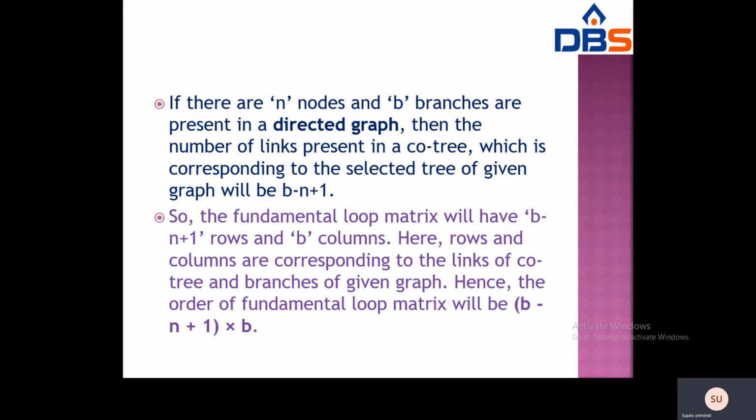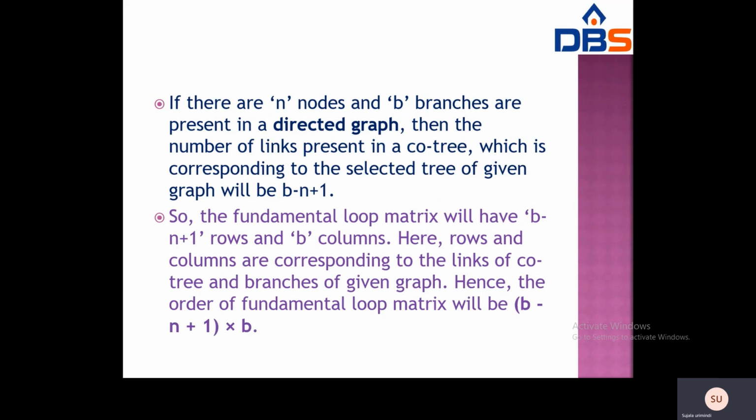So if there are n nodes and B branches in a directed graph, then the number of links in a cotree corresponding to the selected tree will be B minus n plus 1. With branches 5 and nodes 4, plus 1, it gives 2 links.